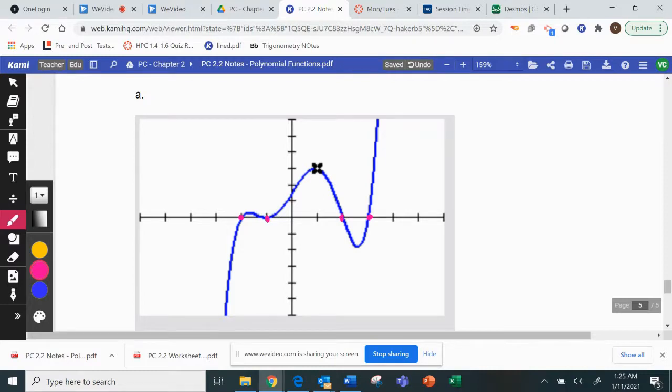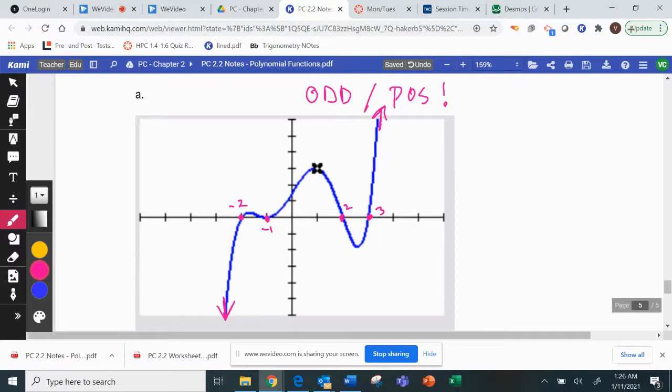Now, the x-intercepts are at -2, -1, 2, and 3. The end behavior is down to up. So it's got to be odd, and it's got to be positive. Has to be odd and has to be positive.